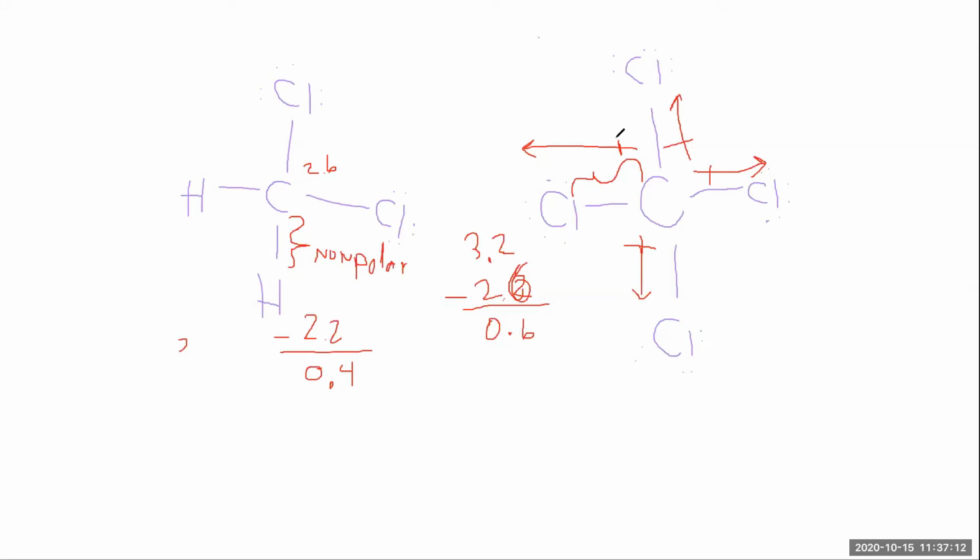No. So in that case, it's going to be non-polar. And it's also going to be symmetrical because you're going to be giving love to all 4 of them, loving them all the same. Piece of cake, right? So in this case, symmetrical and non-polar.